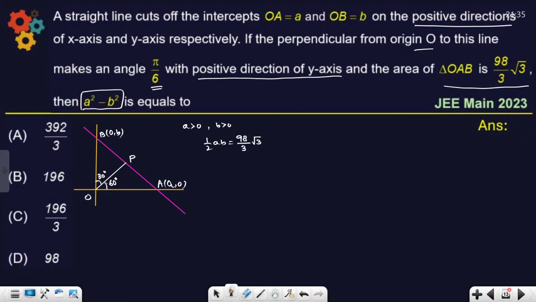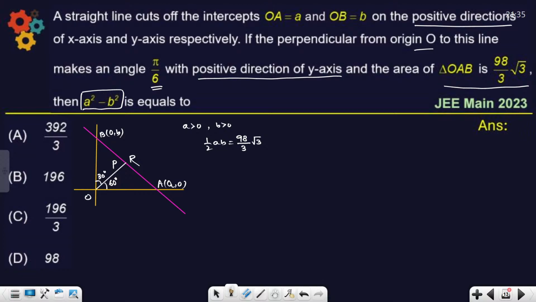And let us assume that the length of OP be P. Or let us denote this point by R, because otherwise these two P's will collide. So let us say this length be P.